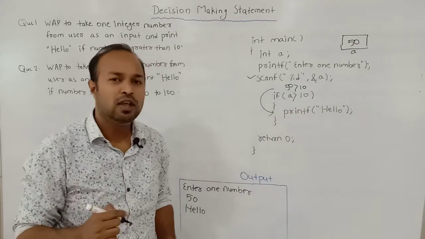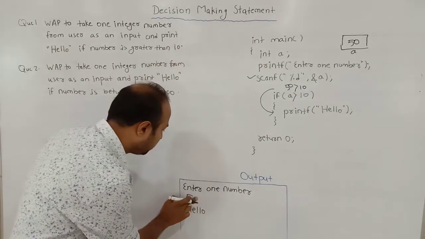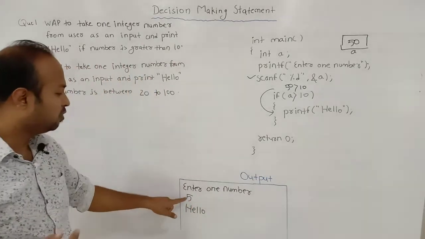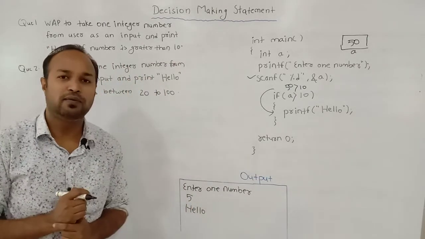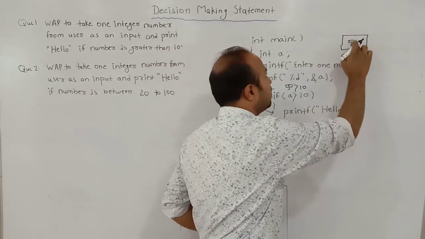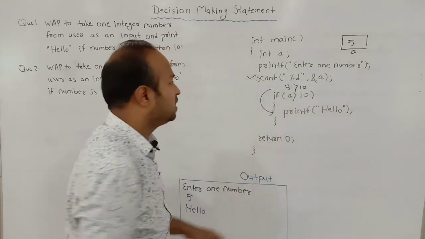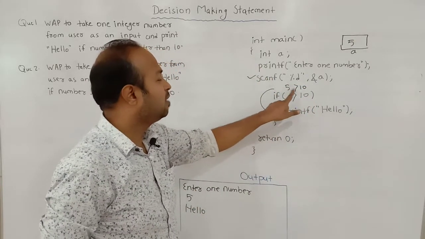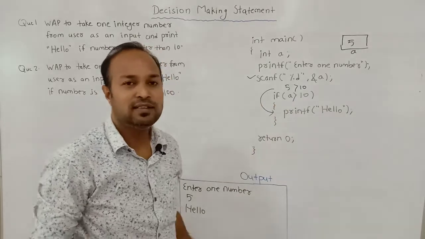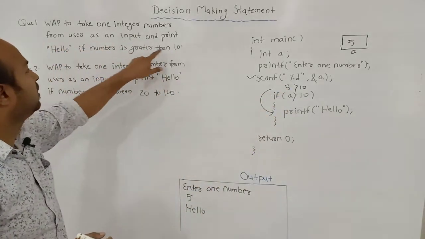But suppose the user enters a number less than 10, for example 5. Then what will happen? The value of a will be 5. Here we will check the condition. 5 can't be greater than 10, which means we don't need to print hello.